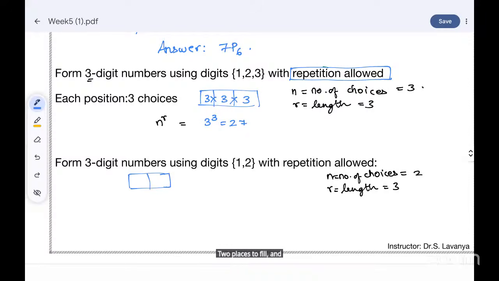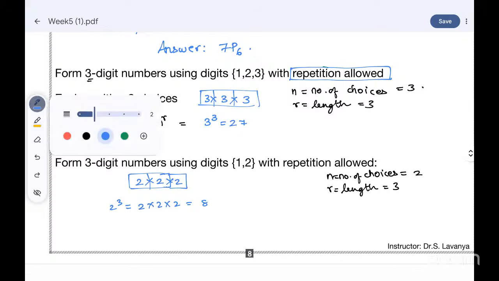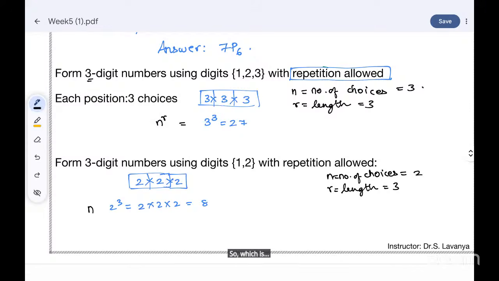For the first place, how many options? 2. And second? 2. And third? 2. So you have 2 into 2 into 2, 2 cube, so this is 8. Which is again n power r.